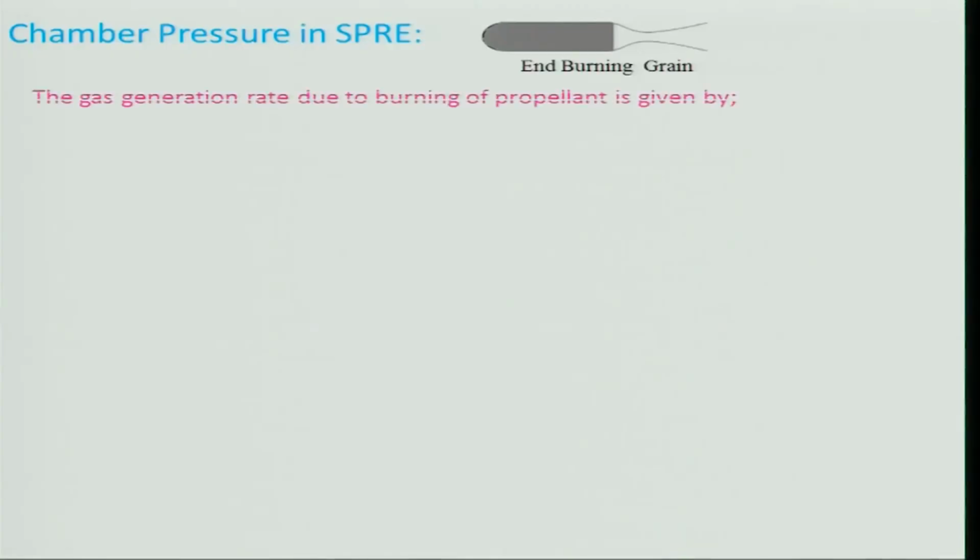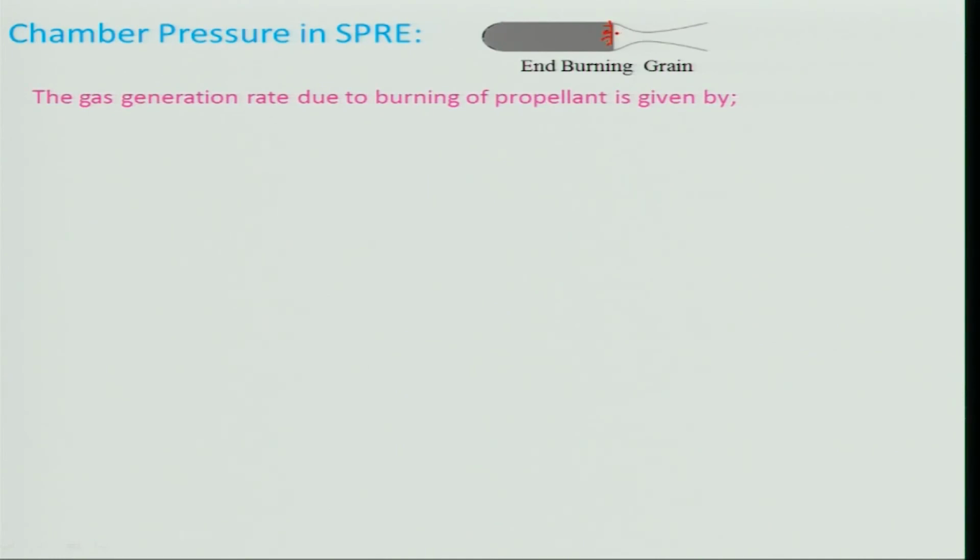So, we will look at this chamber pressure in solid propellant rocket engines, right, because we are interested to look at what is really happening in the rocket engines. But as I told you, there are two kinds of burning grain, one can think of end burning grain, and let us consider that, and gas being generated due to the burning surface, because what will happen, this will be burning out.